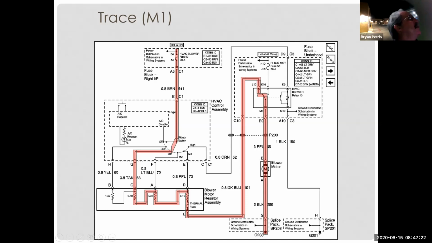Well, the reason why it doesn't work on low is, hey, there's no power coming here. That's the answer. Why is there no power coming there? That's a different question. So that half-hour answer of why doesn't my blower motor work on low is different than the 2-hour question of do we need a new control assembly?